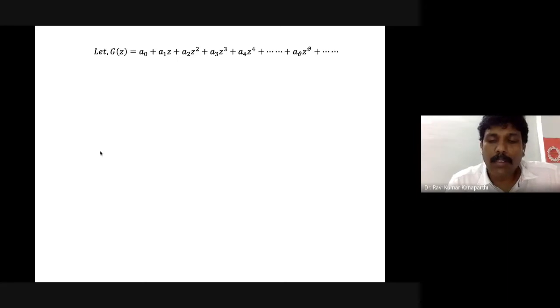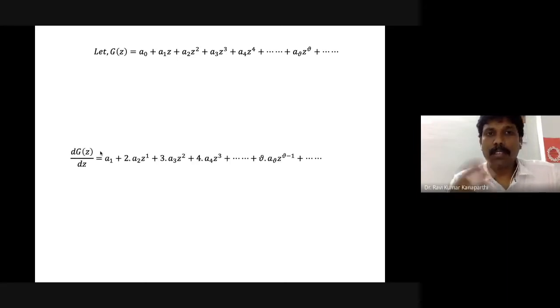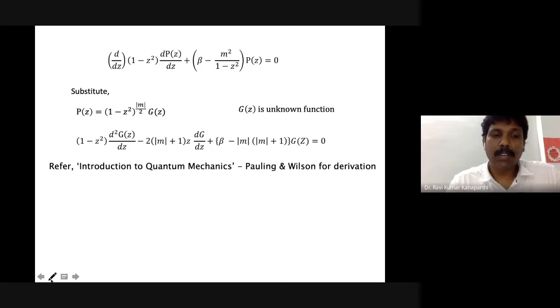From this you can calculate its first derivative, because in this particular differential equation we have the first derivative of g of z, and then the second derivative. So we have to first calculate the first derivative and then the second derivative.